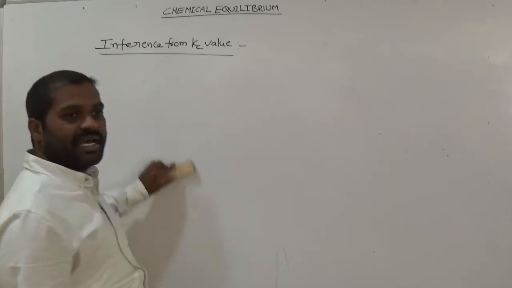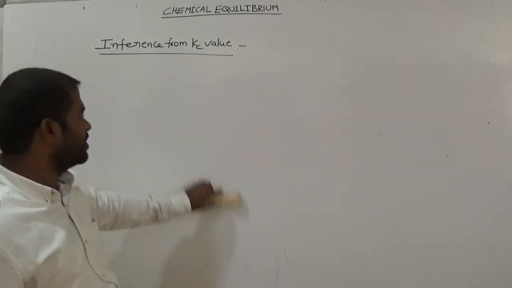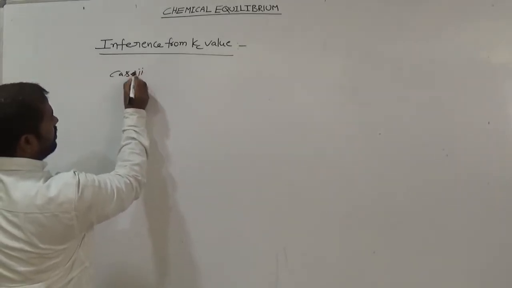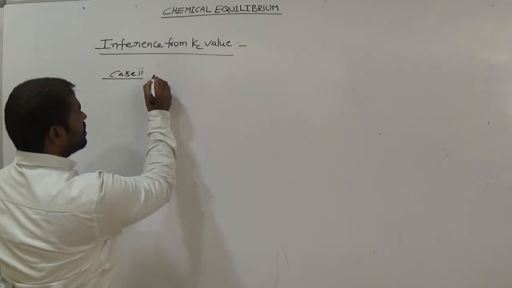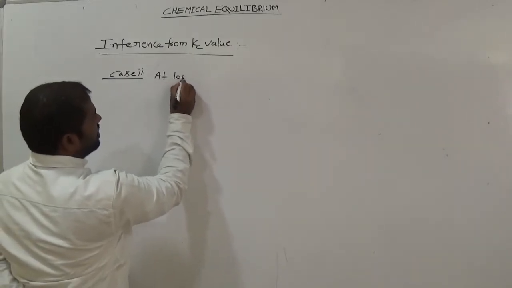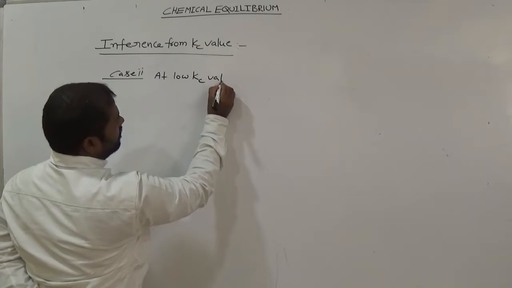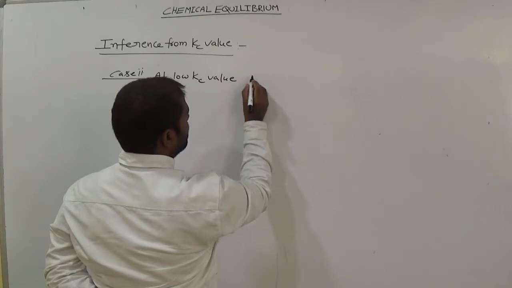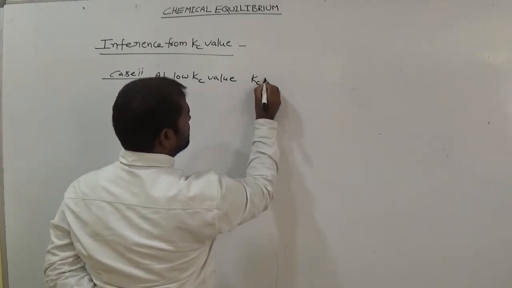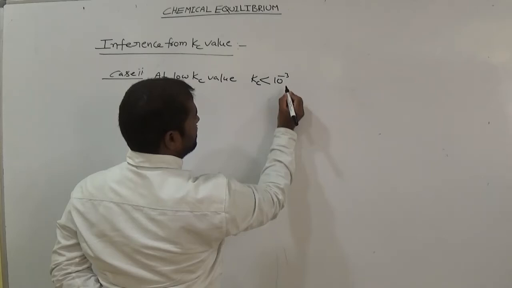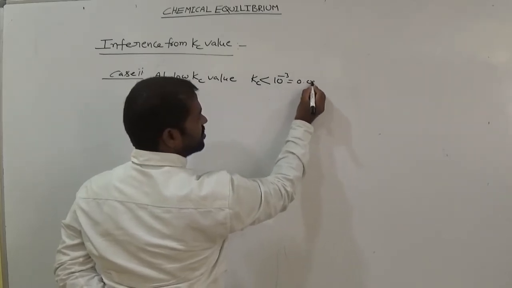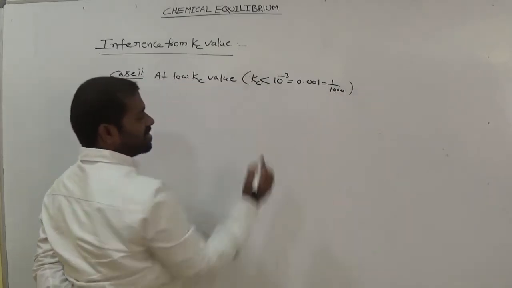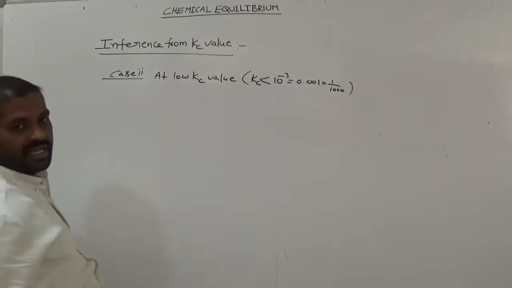So when the Kc value is high, the reaction proceeds in the forward direction. In case 2, at low Kc value, that means Kc is less than 10 power minus 3, that is 0.001 or 1 by 1000. Here Kc is very, very less.